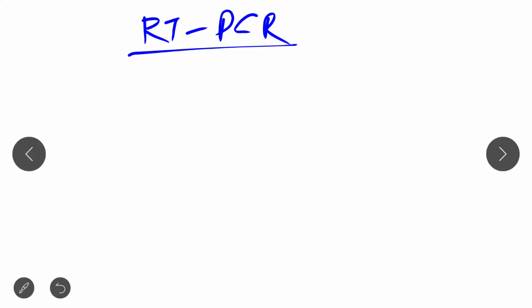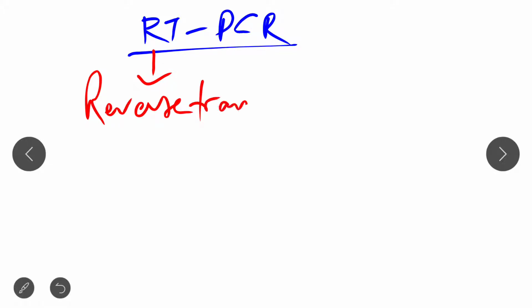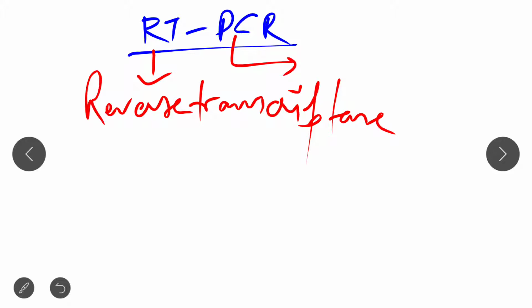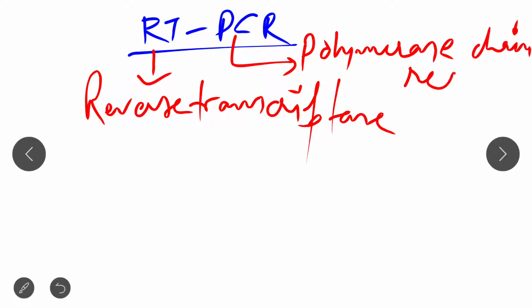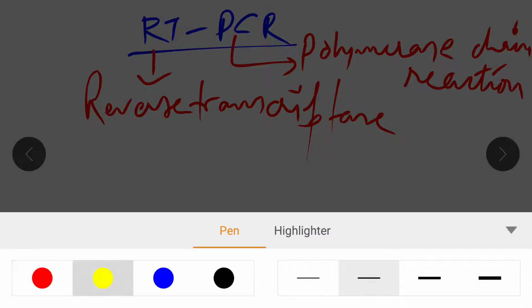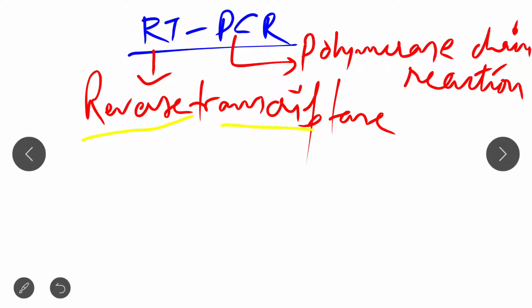First, we should know this. Here RT means reverse transcriptase, and PCR means polymerase chain reaction.